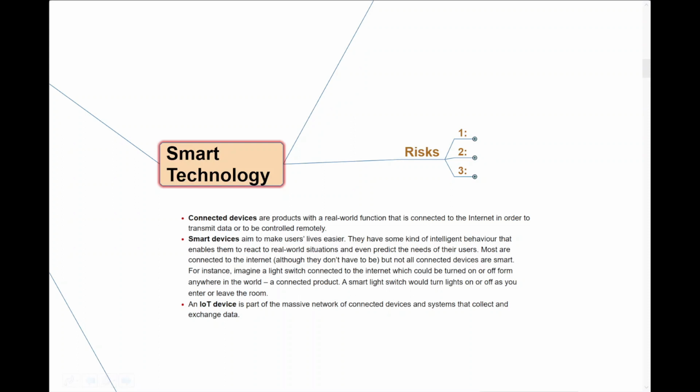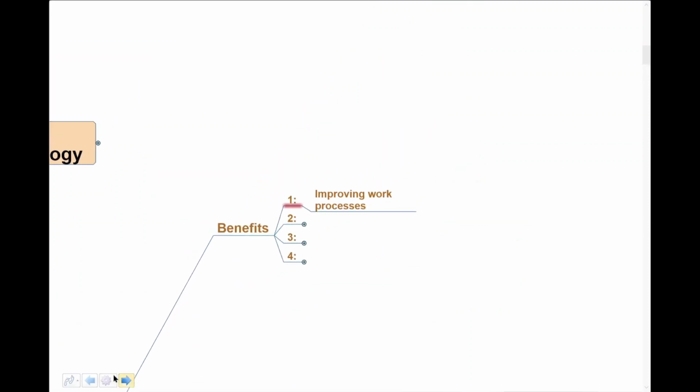The reference to, for example, a telephone or a home heating system might be one. An IoT device, in effect, is just part of that massive network of connected devices, be they phones, tablets, etc., that simply collect and exchange data. So smart technology is becoming more and more relevant to our lives.